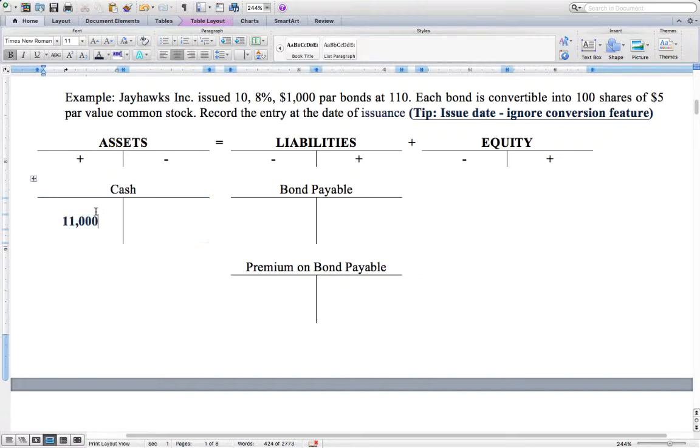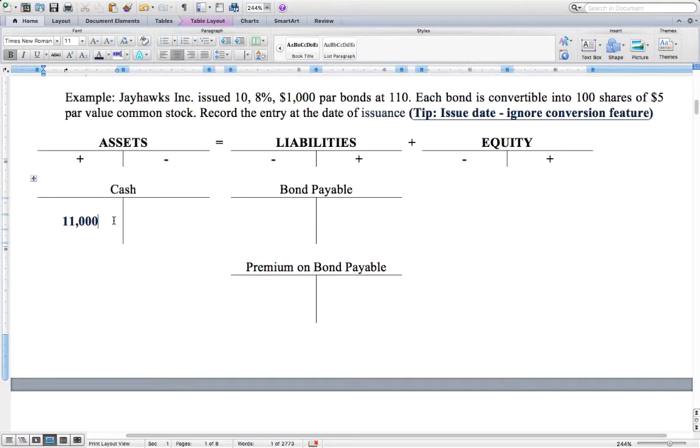So, Jayhawks Inc. issued these bonds, so they would get the $11,000 in cash, and the $11,000 in cash represents 10 times 1,100, because these sold at 110% of par, which is 1,100.